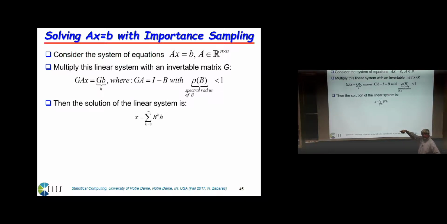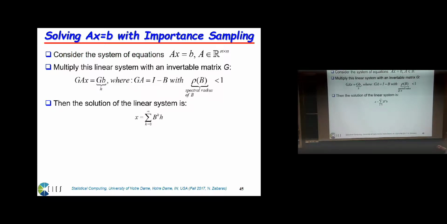Now, do you see why I need the spectral radius of B to be less than 1? Because if you think of B represented with eigenvalues on the diagonal, if you rotate, you're going to have the eigenvalues to the power k. You want to be sure they don't diverge because the series goes to infinity. If this is more than 1, the series will not converge. Okay?